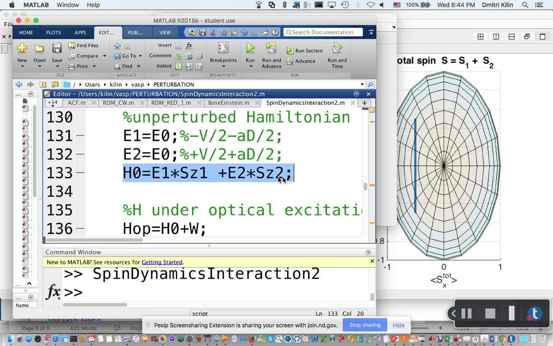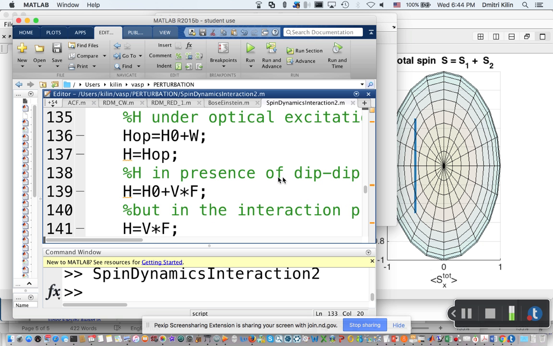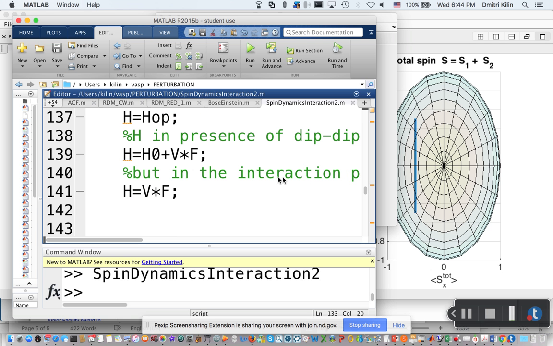Good. And if you have several interactions, we just add together terms in the Hamiltonian, which we can do. But in case we consider the interaction picture, then the simultaneous flip of these quantum states will include only this term in the Hamiltonian.